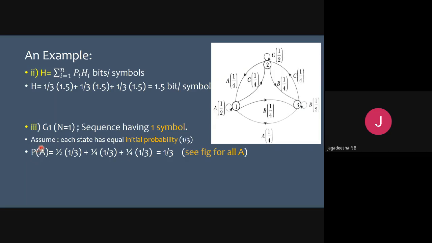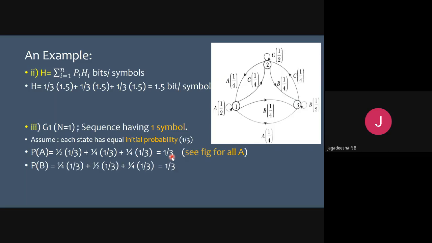Any other choice? Yes. From state 2 also, we can have A. So that probability is 1 by 4. And this is the probability that the system is initially in state 2. Thirdly, from state 3 also we can generate A here. So the probability is 1 by 4. So that is what is mentioned here. Probability of A, and the system was initially in state 3. So these are the different possibilities of generating A.